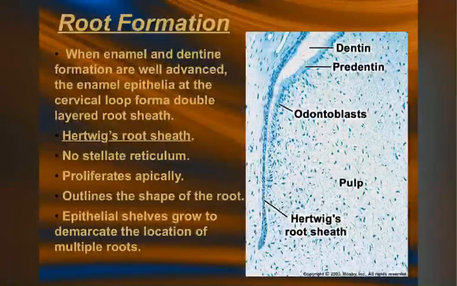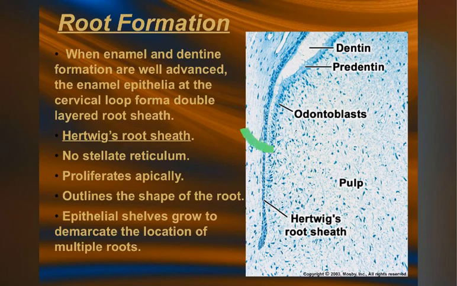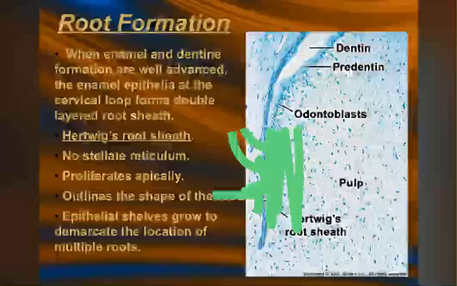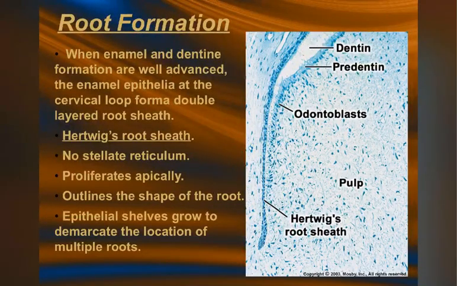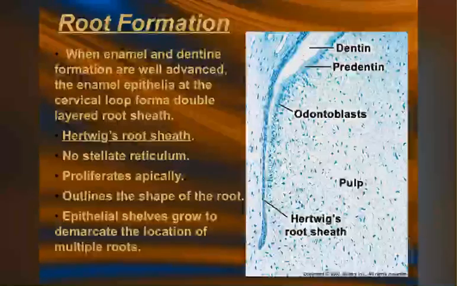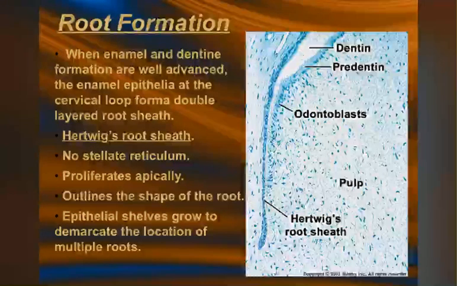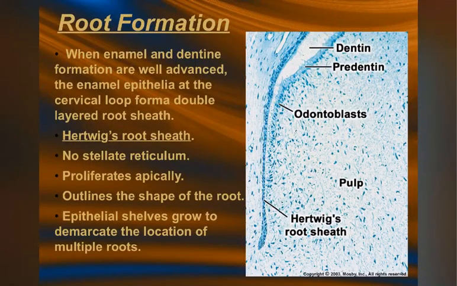When it becomes fenestrated, this allows contact between the inner investing layer of the follicle and the dentine, and this will induce the inner cells of the follicle to differentiate into cementoblasts. Then they secrete cementum. So we have the components of the roots now. We have dentine and cementum.